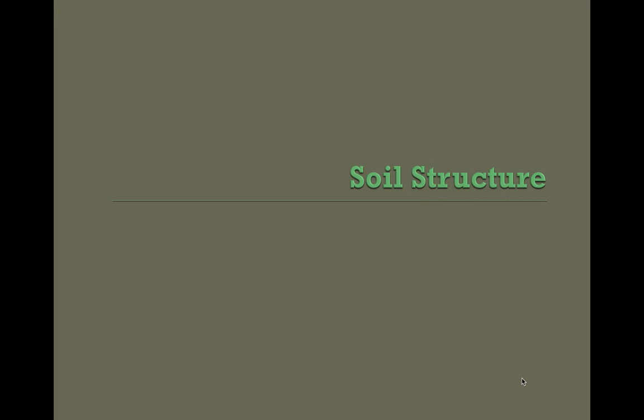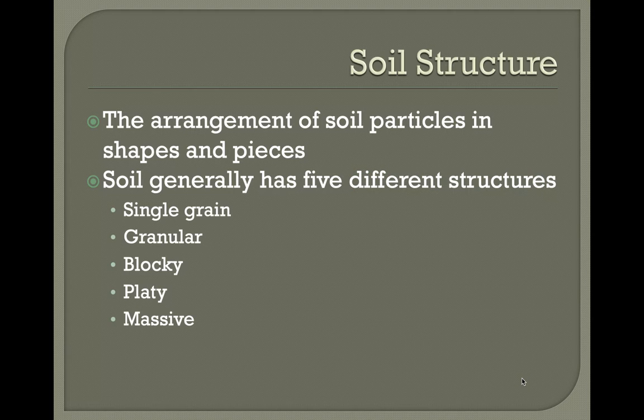Soil structure, we're going to look at, and we've talked a little bit about soil structure. I've mentioned it in passing with the different types of textures. The soil structure is just how it's all put together. When you go to the beach and you look at the sand, you pick up the sand and you put it in your hands, it's normally going to run through your fingers, especially if it's dry. That's a single grain structure.